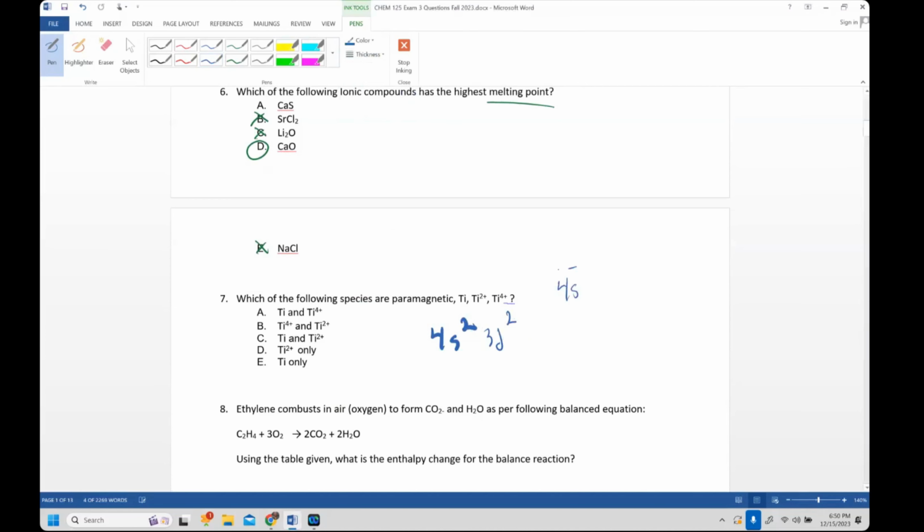Writing it out in an atomic orbital diagram, we have 4s like that, and we have 3d, 1, 2, 3, 4, 5 like this, with 1, 2.